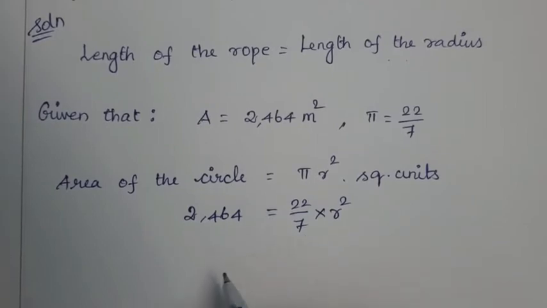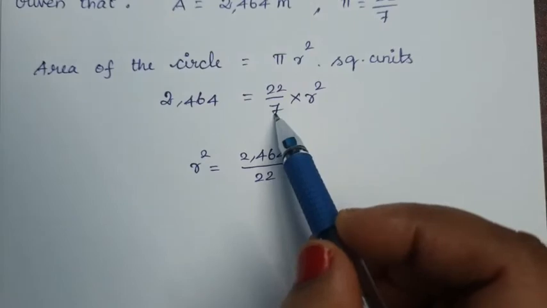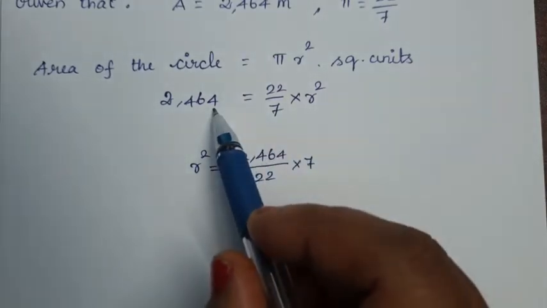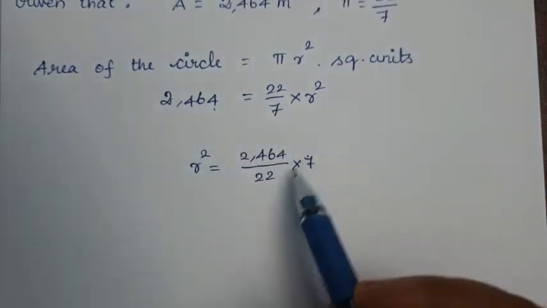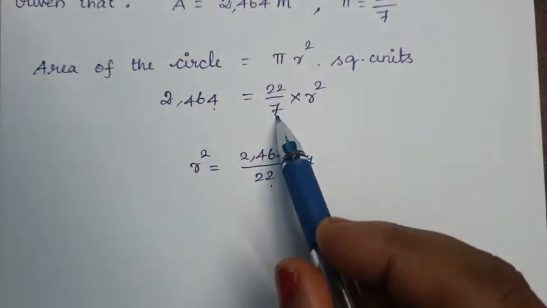This equation can be written as r squared is equal to 2464 divided by 22 by 7. By taking this 22 by 7 to the left side, we will get 7 by 22, the reciprocal of 22 by 7.